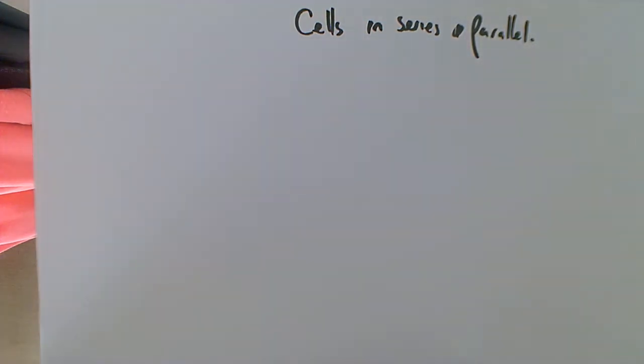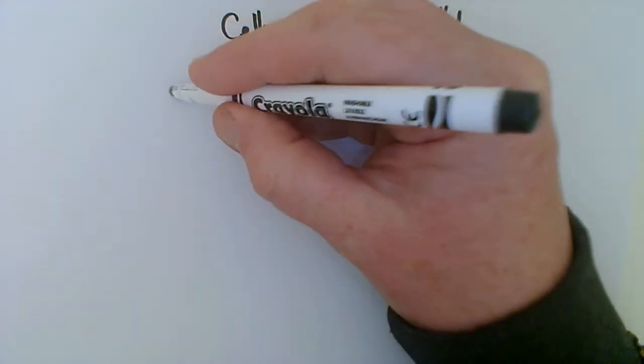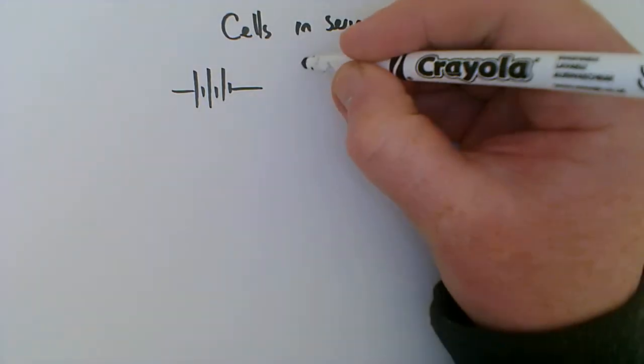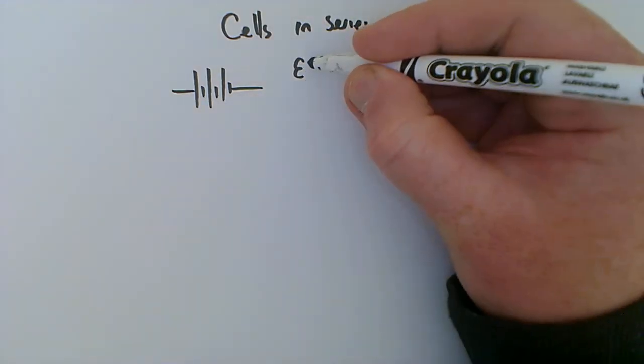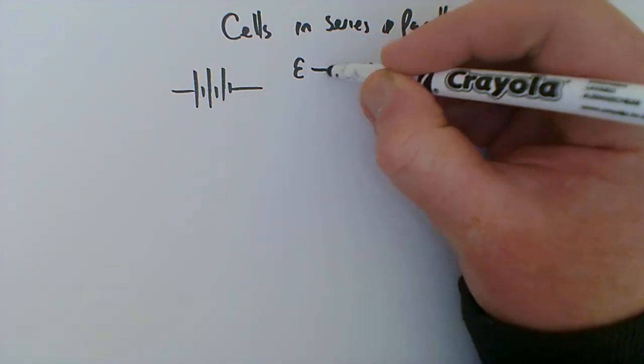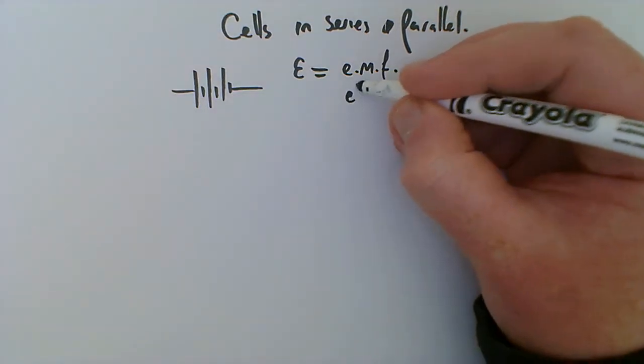Cells in series and parallel. Right, so the cells in series is quite easy. The EMF, so the EMF is the symbol epsilon, and it tells us the electromotive force.